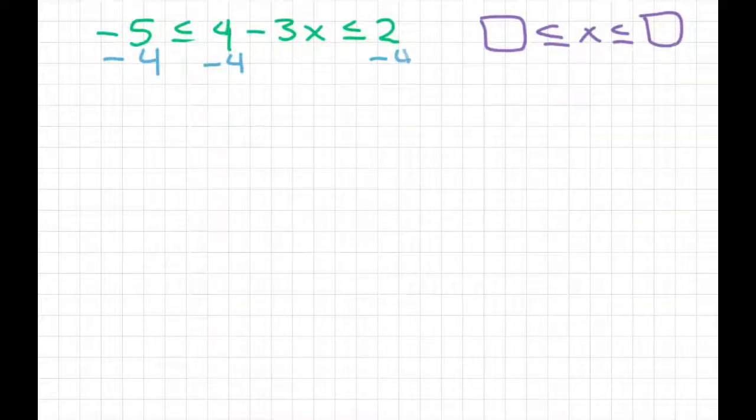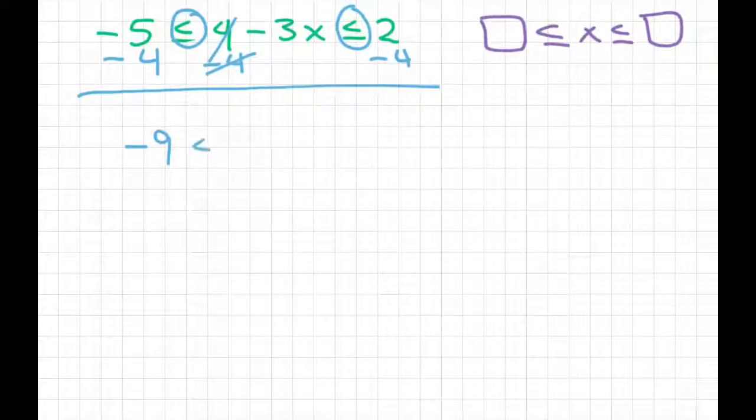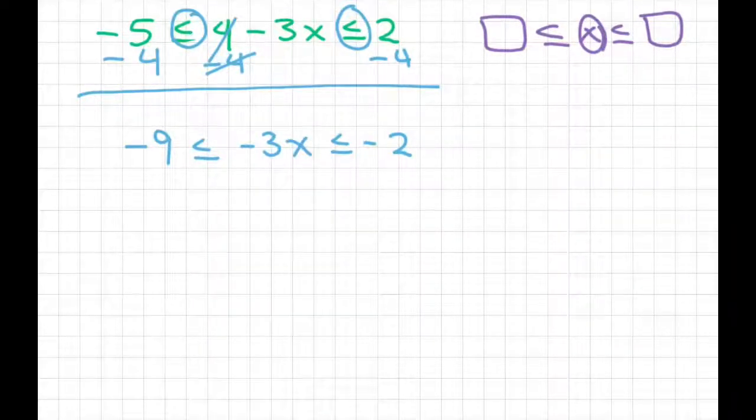You just do it on either side of this sign. So when you do that, these 4's cancel, which is what we wanted. So you get negative 9 is less than or equal to negative 3x, which is less than or equal to negative 2. Now to get x by itself, we divide everything by negative 3.